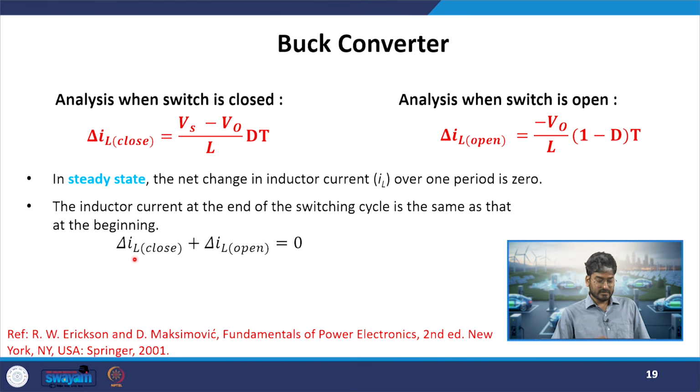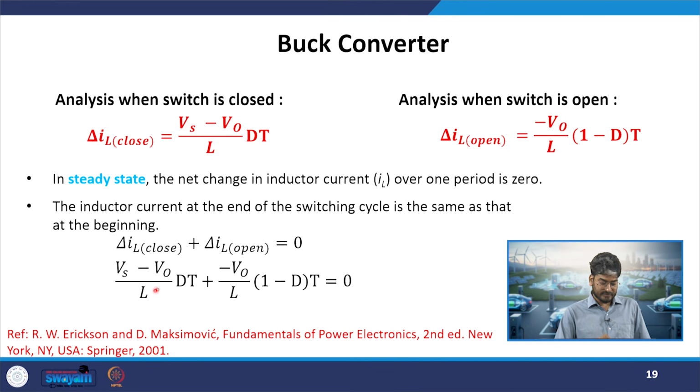So, delta IL closed plus delta IL open should be equal to 0, such that it starts from the same point at the beginning of every cycle. Now, from the above equations, if I replace them and solve, I will find that V naught will be equal to d into Vs. This is the relation between our input and output voltage: the output voltage is the product of duty ratio and the input voltage.